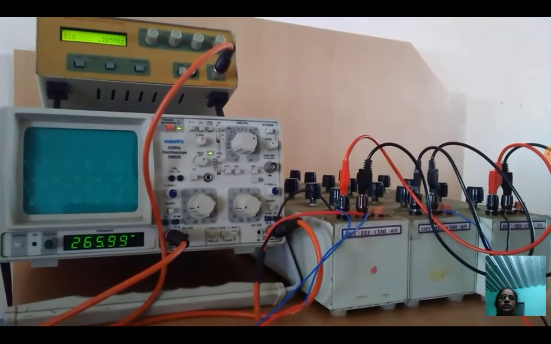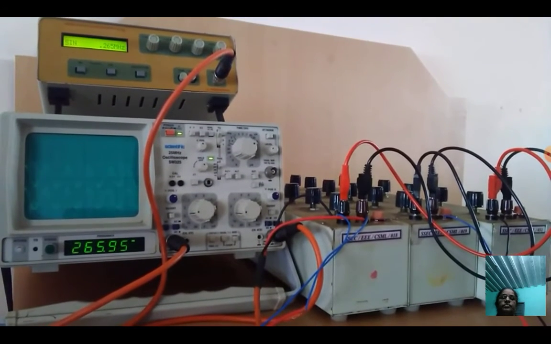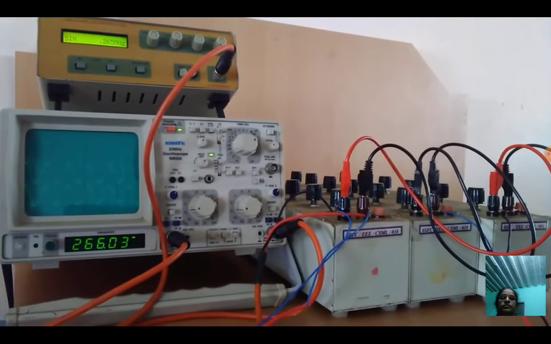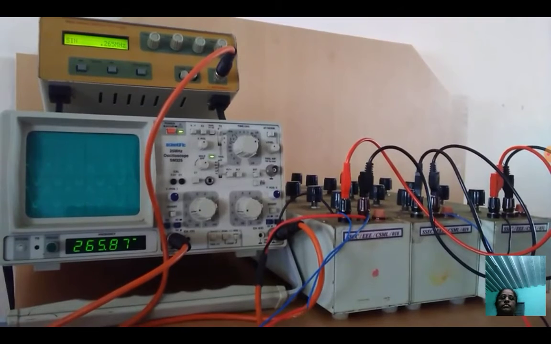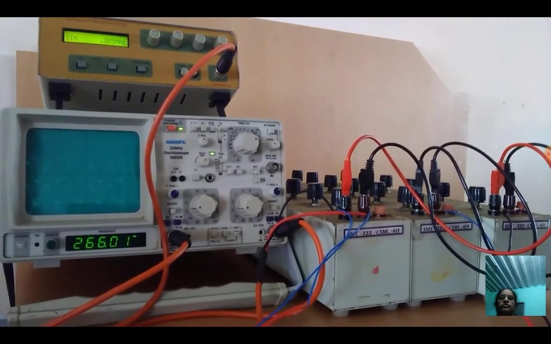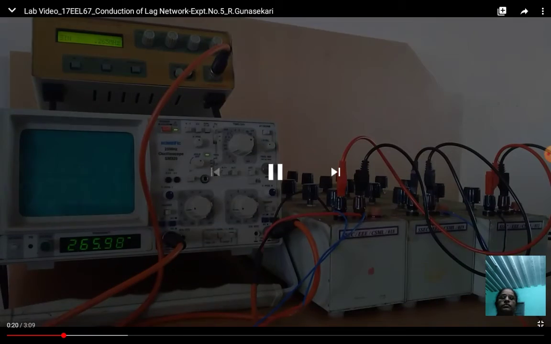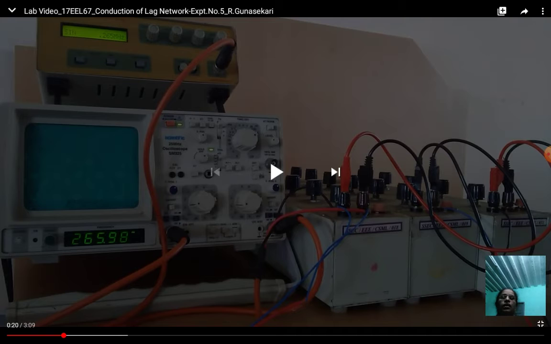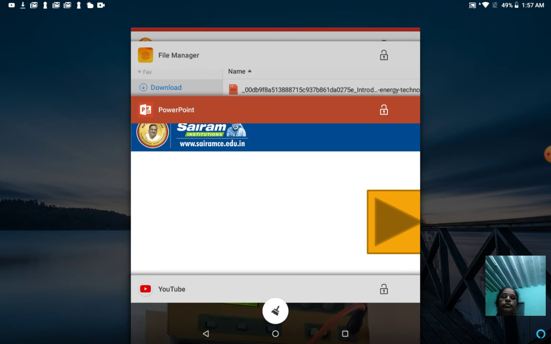Aim: to design a passive RC lag compensating network for the given specification via the maximum phase lag and the frequency at which it occurs. So this is the demo of how to conduct the RC lag compensating network experiment. Then we go to the slide.